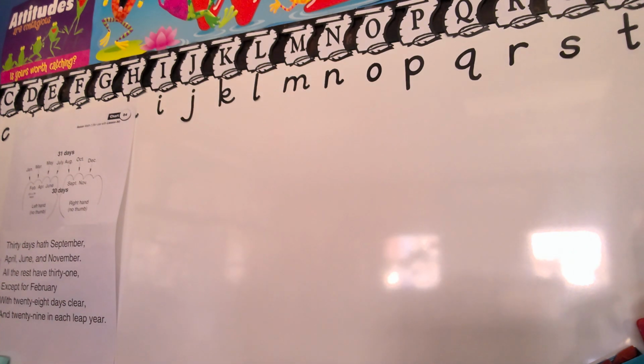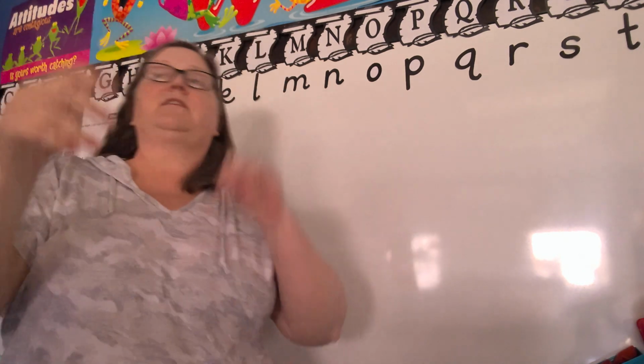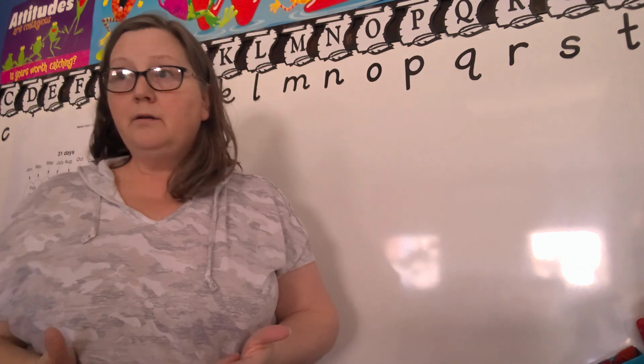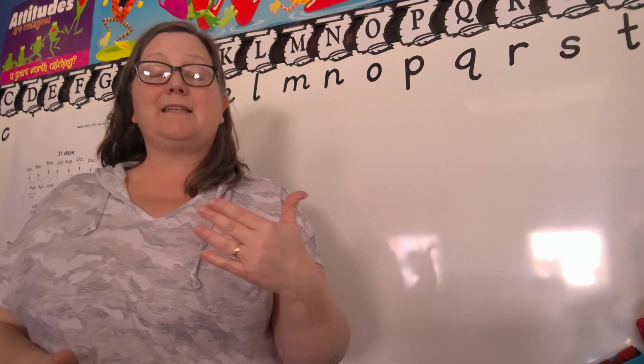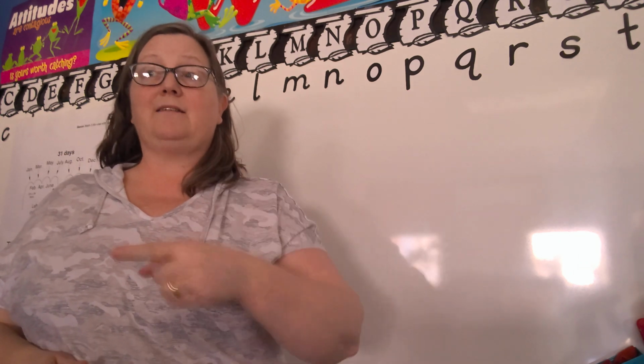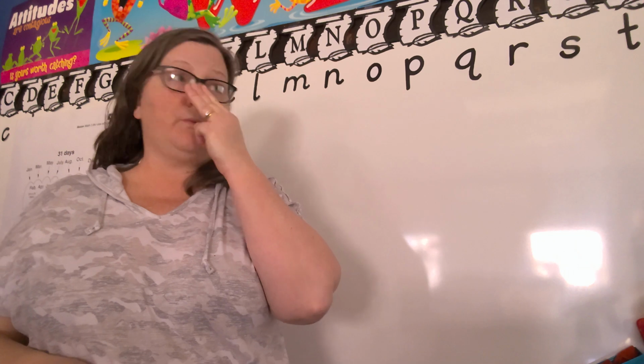Yep. So you can do it a couple different ways. You can start at 11 and count back. 11, 10, 9, 8, 7, 6, 5, 4, 3. Or you can start at 8 and see how many it takes to count up to 11. 8, 9, 10, 11. Because we can think 8 plus what equals 11.